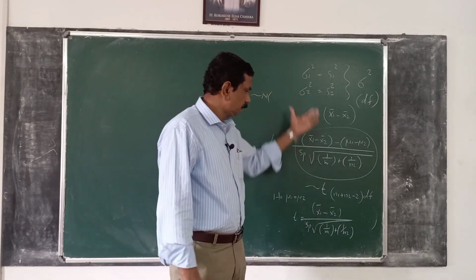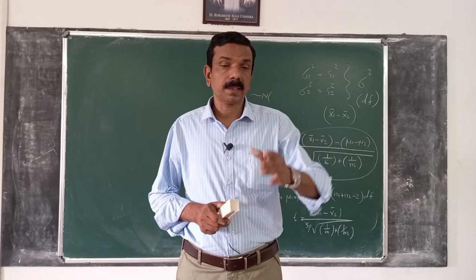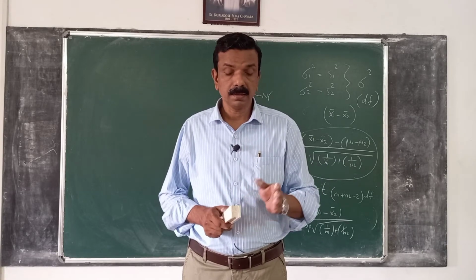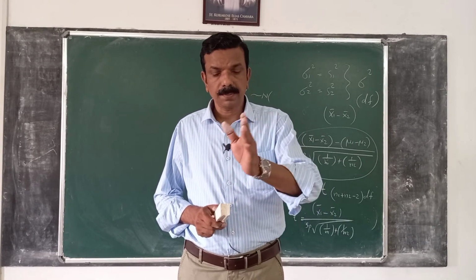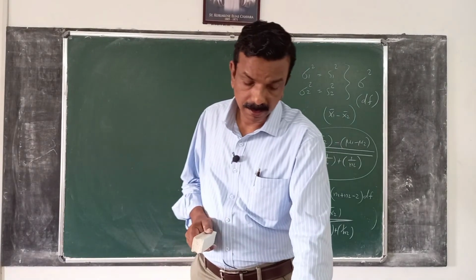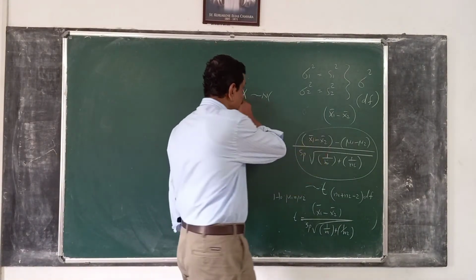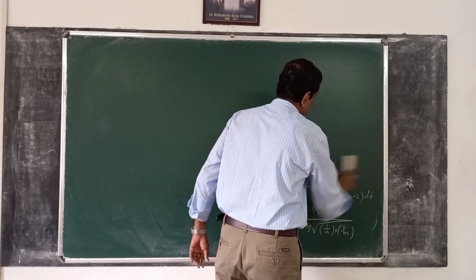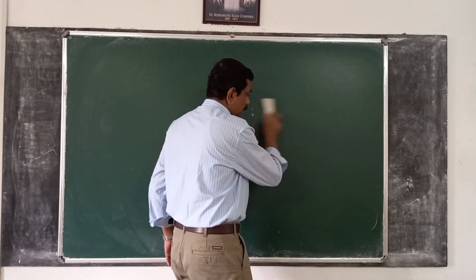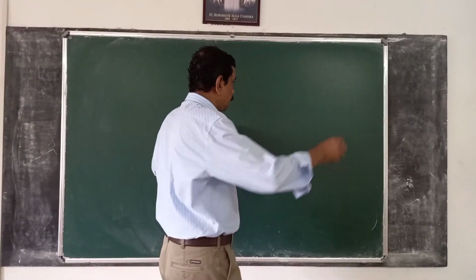Now let me introduce the pooled t-test procedure formally. Remember that it is based on 4 assumptions: simple random sample, independent samples, normal population or large sample, and equal standard deviations. Then what are the steps?